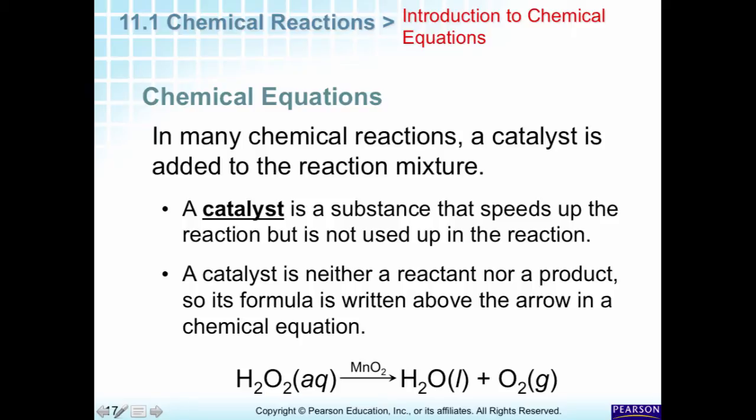A lot of times it also speeds it up, because the reaction could occur, but it might take a really long time to happen. So we might add something to it, and this catalyst here is manganese oxide. By writing it on top of the yield arrow, we're saying it's in the bucket, but it's not participating in the reaction. So if you put 2 grams of this here, you can get 2 grams of this later on.